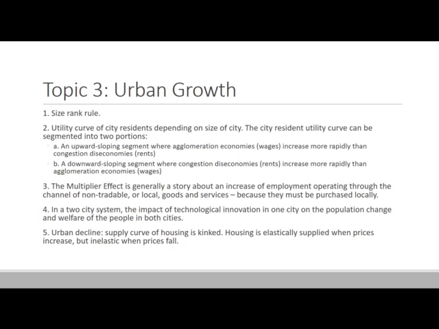There's an upward sloping part where agglomeration economies increase more rapidly than congestion diseconomies, so when more people are together, the benefit of agglomeration economies outweighs the congestion cost. There is also a downward sloping part, basically a decreasing part, where the congestion cost outweighs the benefit from agglomeration economies.